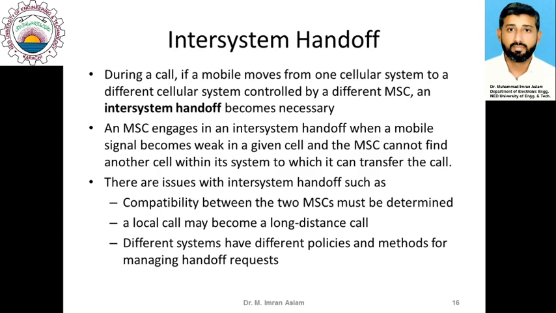Secondly, it may be possible that a local user becomes a roaming user, so a local call may be converted to a long distance call that incurs higher costs. Similarly, different systems have different policies and methods to manage handoff requests that may hinder inter-system handoff.